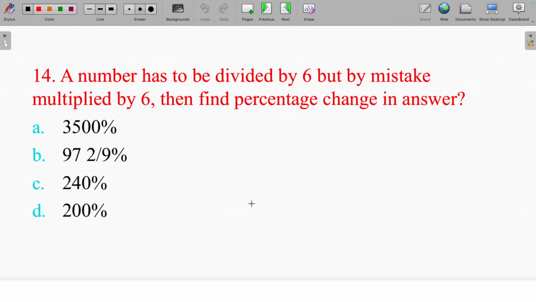Very simple. Okay, I will solve. This is a new concept question. A number has to be divided by 6, but by mistake multiplied by 6.